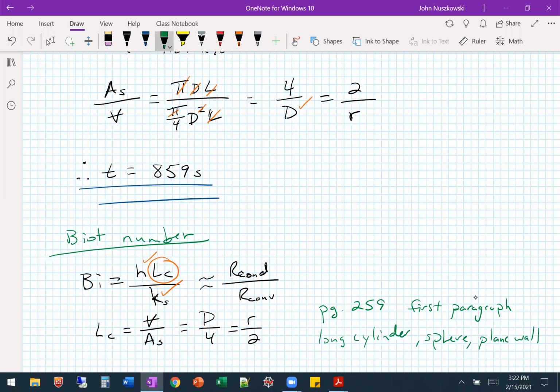We already just calculated the one for a long cylinder.